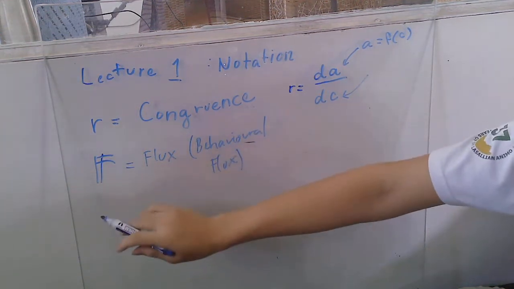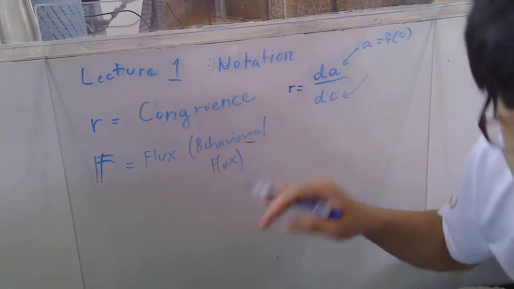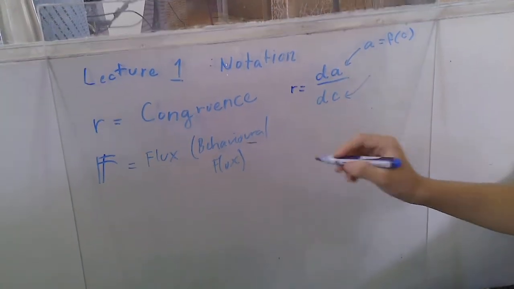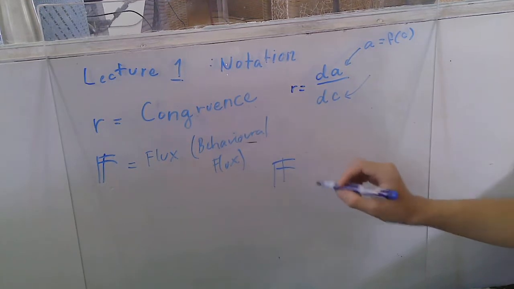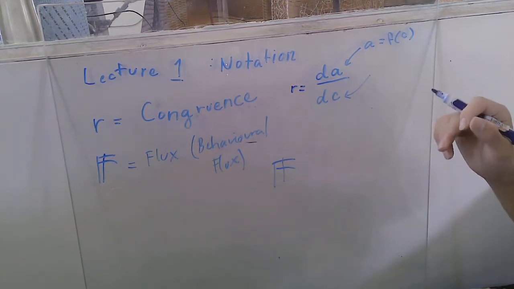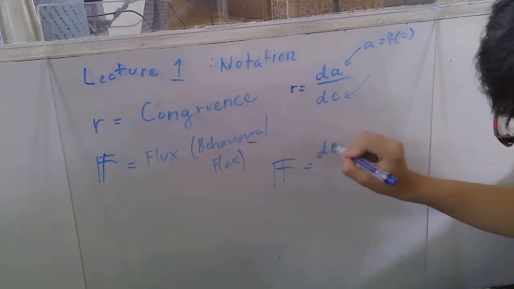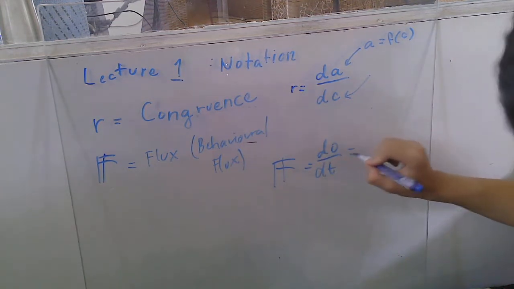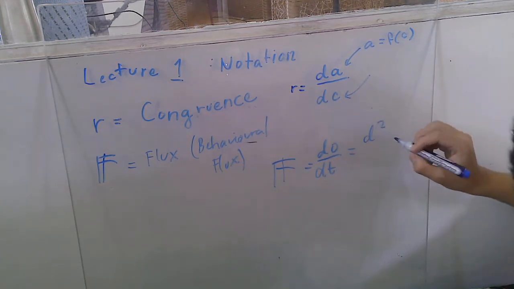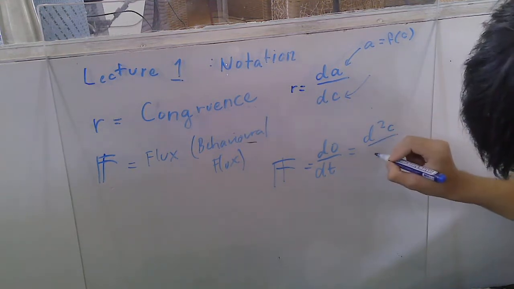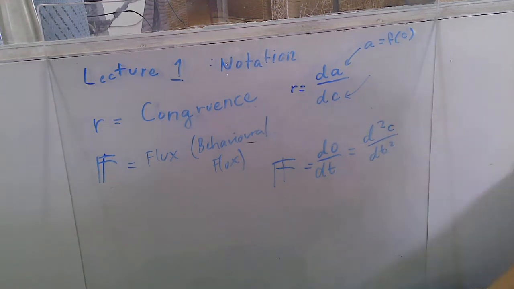And behavioral flux is basically the rate of change of the confidence. So this is dO over dt, which is the second derivative of the decision with respect to time. That's flux.